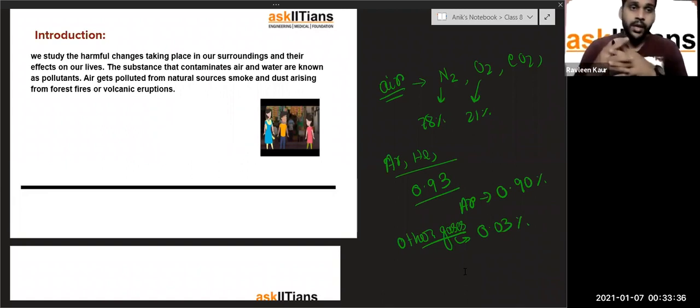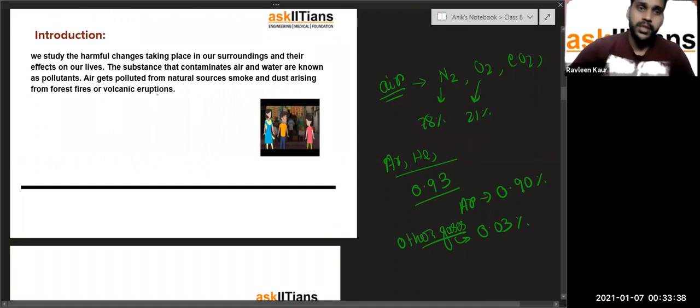We study the harmful changes taking place in our surroundings and their effects on our lives. The substances that contaminate the air and the water are known as pollutants. Air gets polluted from natural sources like smoke and dust arising from forest fires and volcanic eruptions.